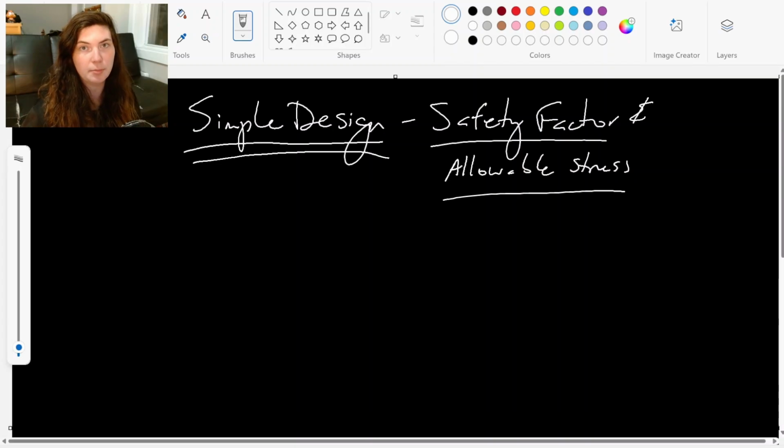Now that we've learned a little bit about stress, we can talk about simple design. And by that I mean the simplest way that we can make something safe. The way we typically do that is with something called a factor of safety, or a safety factor, or allowable stress design. You might hear it by any of those names.